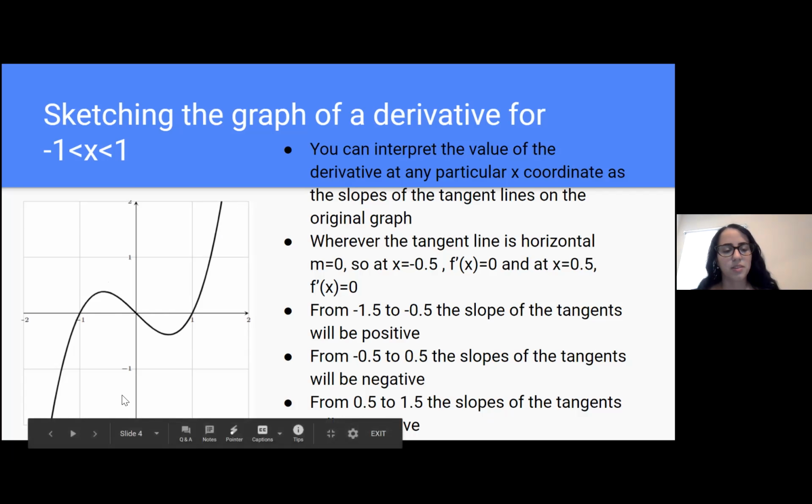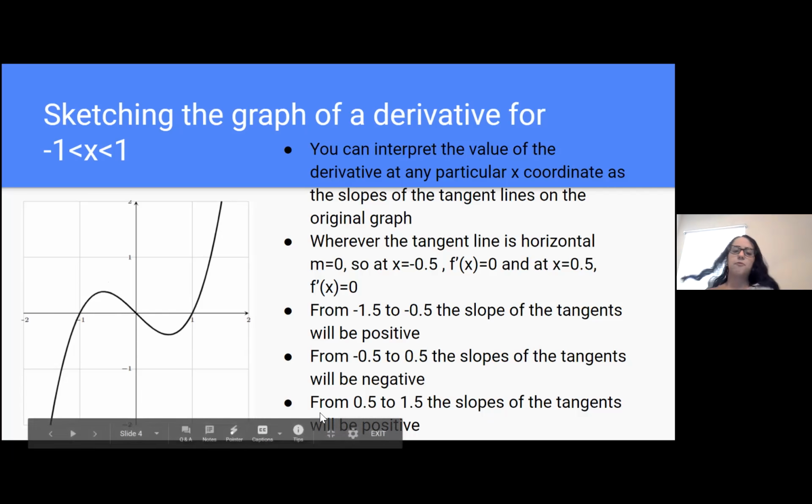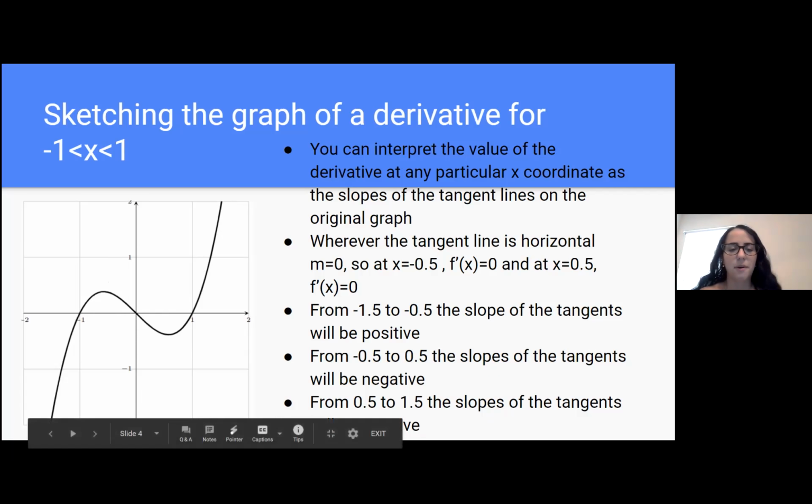At any point there, the slope of the tangent line will always be negative. And from 0.5 to 1.5, the slope of the tangents are positive again, because at any point there, it will always be positive.